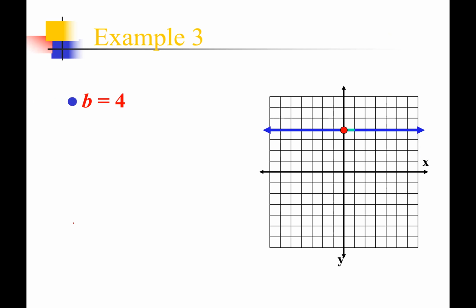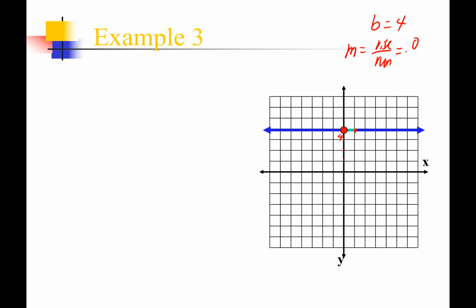One more example, right? So this one, you see, is a horizontal line. That means it doesn't go up or down. And the y-intercept here is 4, right? This is 4 units: 1, 2, 3, 4. So b equals 4. And then the slope is rise over run. Let's say from this point to this point, there's no rise, right?